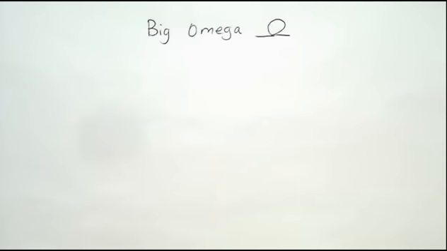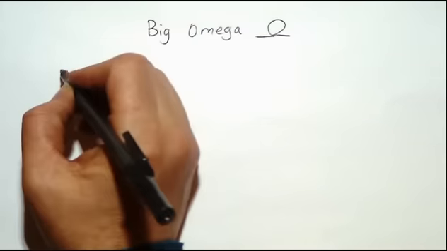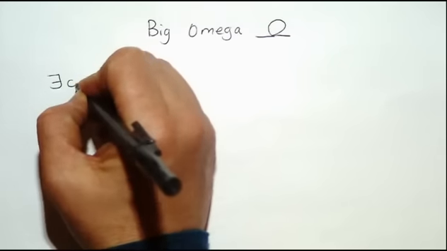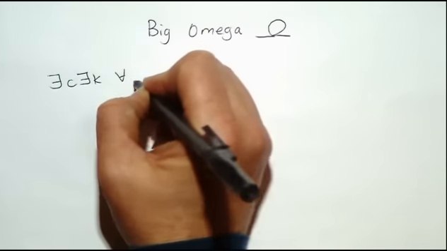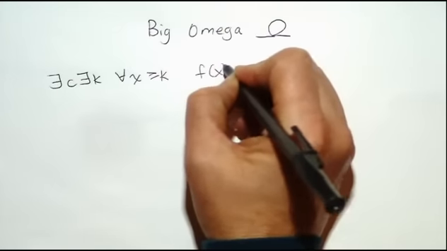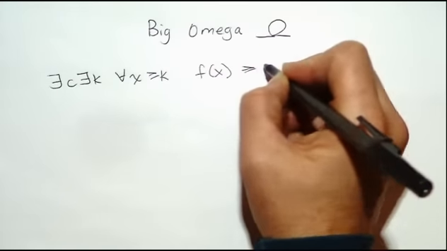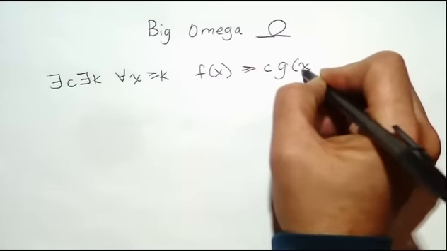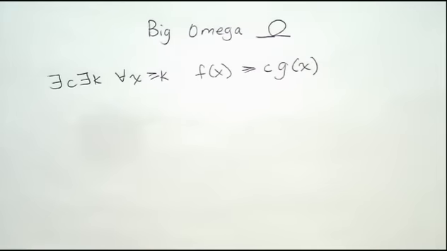And the definition is exactly the same as big O, except you switch the less than or equal to sign to a greater than or equal to. I'm going to leave off the absolute values because, like I said, we're not going to work with negative functions.